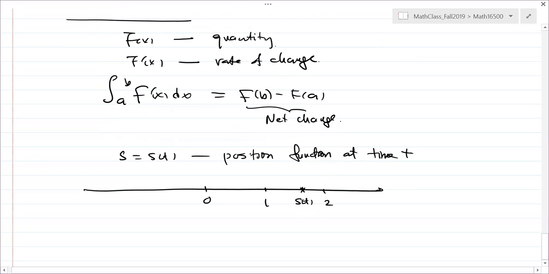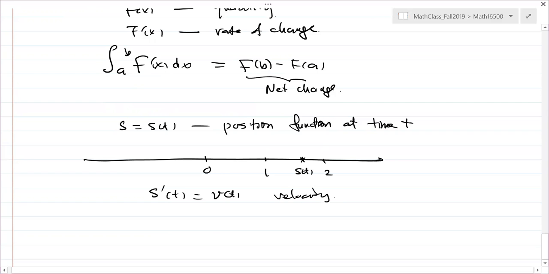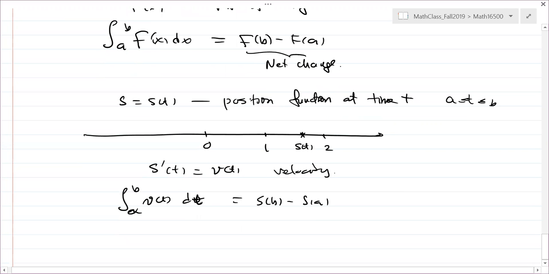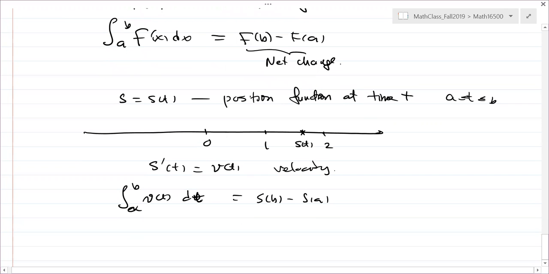The derivative is just the velocity at time t. So the integral of the velocity, the total velocity, is the difference of the position function. This is called the displacement during this time t.